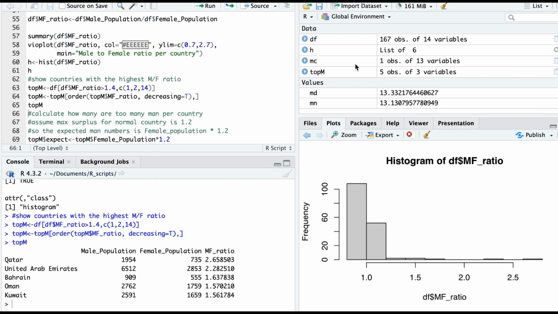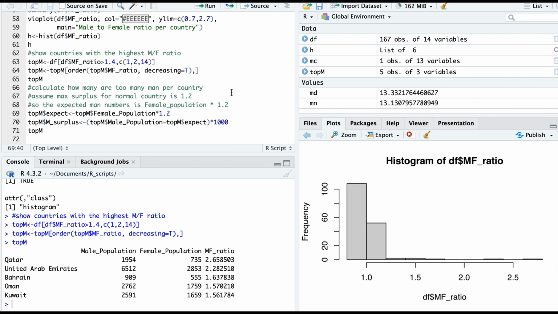You can also calculate how many men are too many in those countries. In this case, you can assume the highest normal surplus of men is about 1.2, and then, having the numbers for the female population for those countries, you simply multiply it by 1.2.